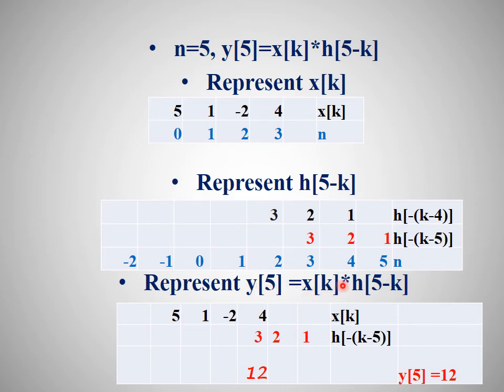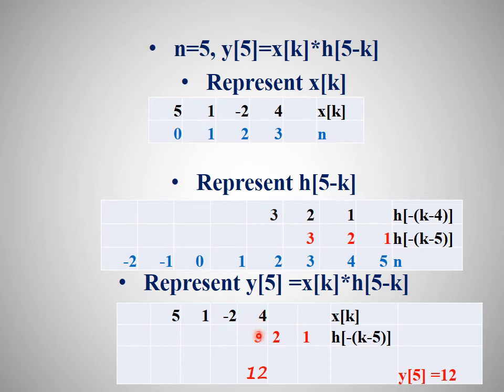Hence, let us go on to see what would be the answer for y of 5 will be equal to x of k into h of 5 minus k. The answer would be this value multiplied by this particular value. Note that h of minus k minus 5 starts only at n equal to 3, which means it starts only at 4. This is what has been represented here. 5, 1, minus 2, 4.